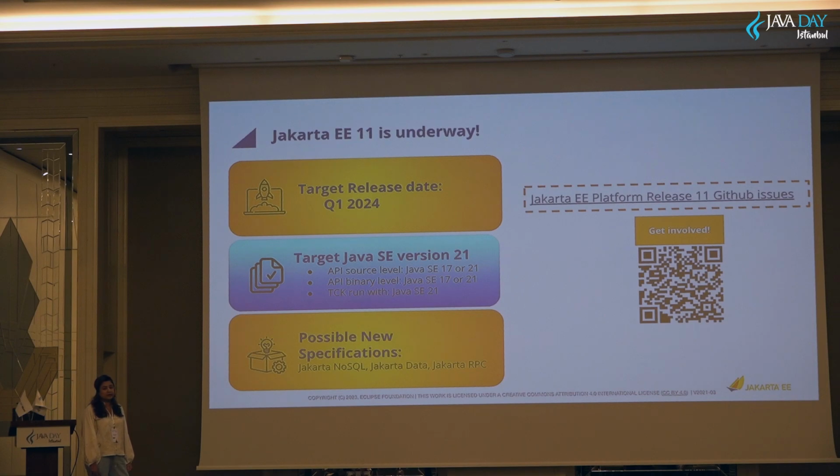We are targeting a release date of Q1 next year. Basically, this release is targeting support of Java SE version 21. And there are some possible new specifications: Jakarta NoSQL, Jakarta Data, and Jakarta RPC. This is the conversation as of now. But as I mentioned, if you're looking for more or you have some opinion, please join the conversation on the GitHub issues.